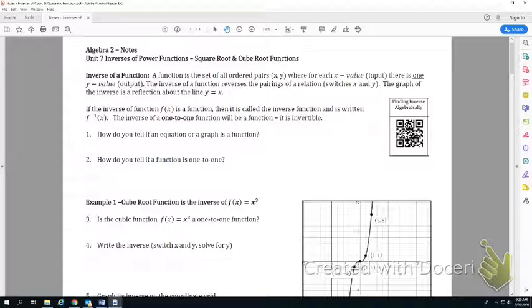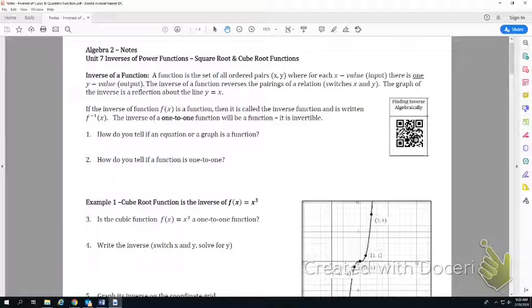Okay, so this is just the notation rules, how you would write it. If the inverse is a function, then you would use this. If it's not a function, you would just say y equals. Okay? So the inverse of a one-to-one function will be a function, which is what I was telling you as we were filling out 1 and 2.